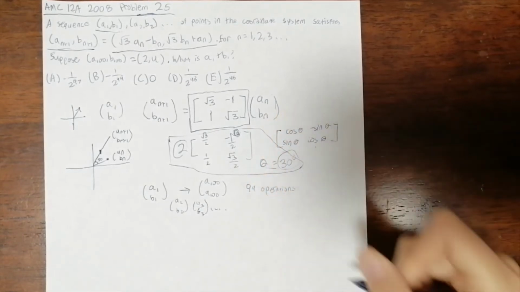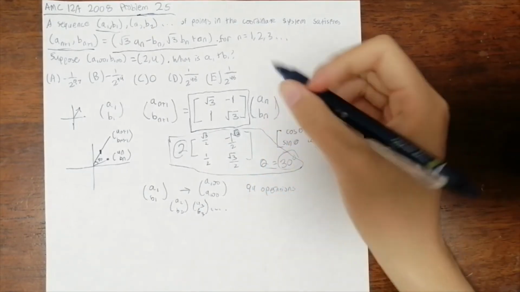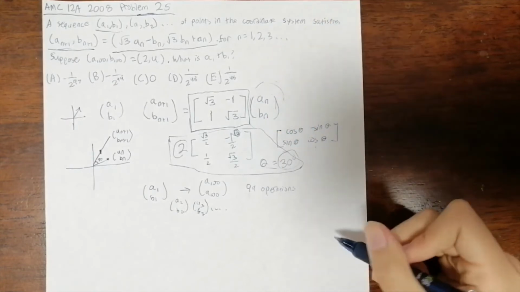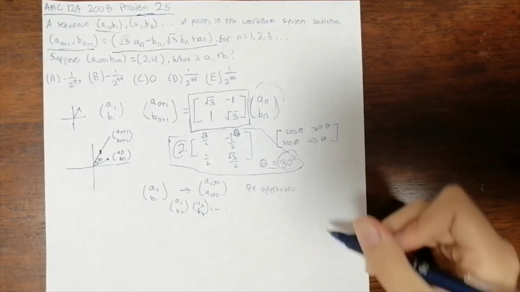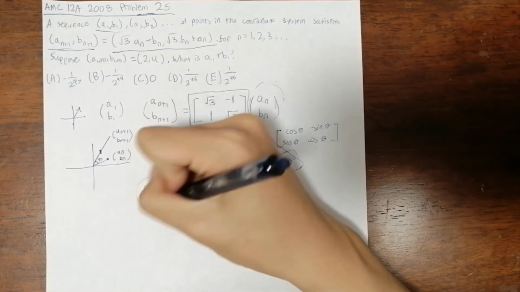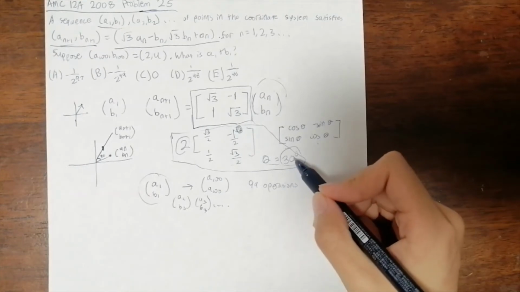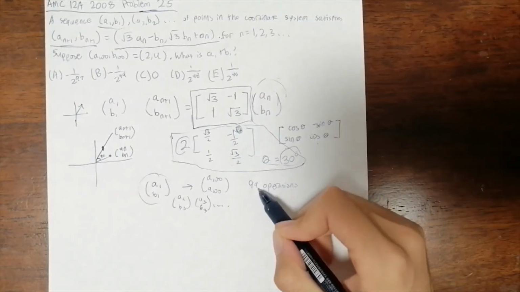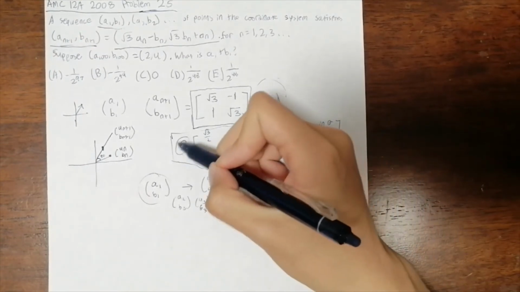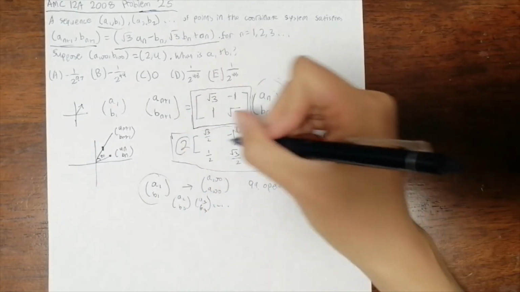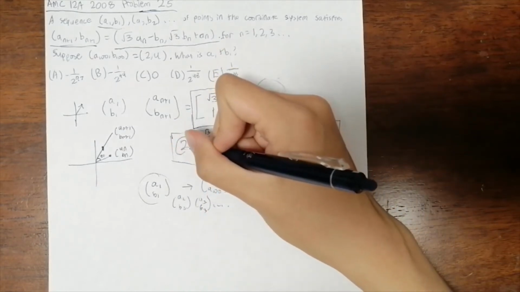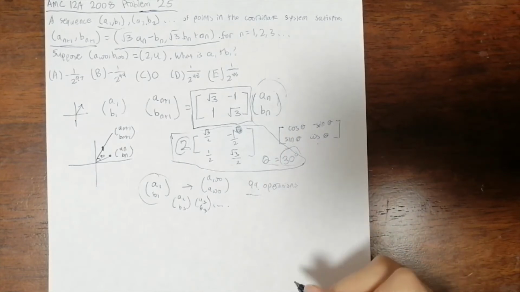And what does this mean? This means we have to rotate this original vector, which is the first term, by 30 degrees 99 times, and we also have to multiply the magnitude by a factor of 2 99 times.